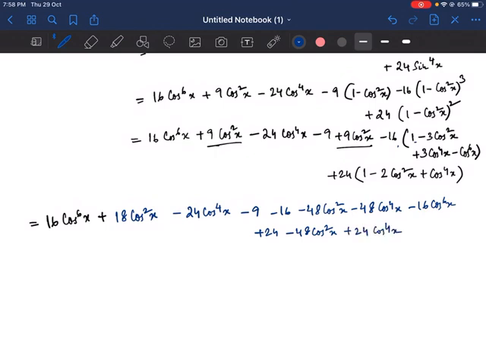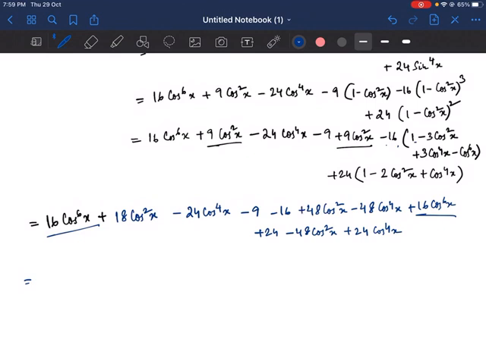So let us see what we get. Here we have cos to the power 6x, cos to the power 6x. So this one will be, wait a second, minus, minus, it will be plus, plus. You have to check the sign. Yeah, we need to check the signs.